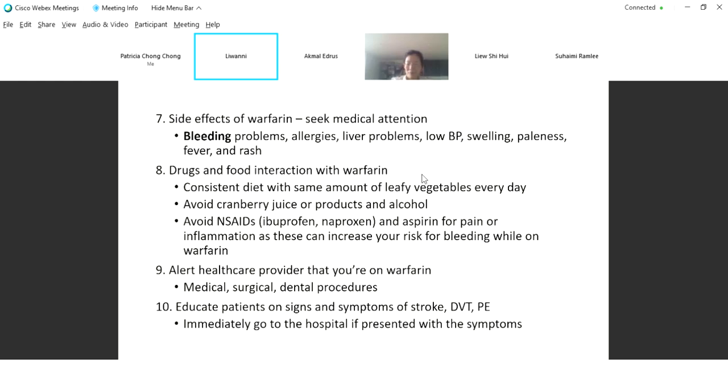And they have to avoid taking NSAIDs such as ibuprofen, naproxen and also aspirin for any pain management because this can increase their risk of bleeding while they are on warfarin therapy.